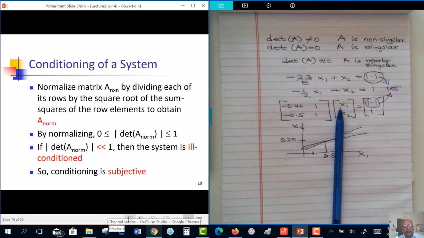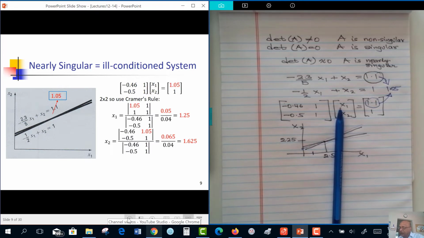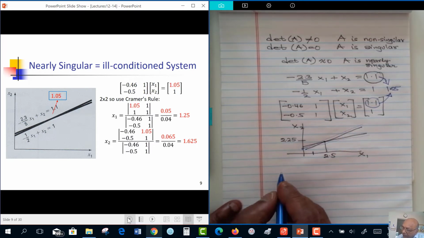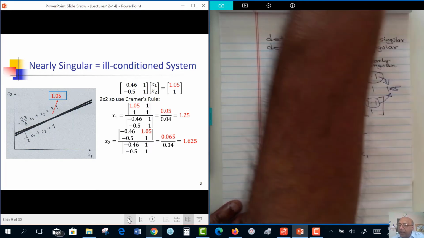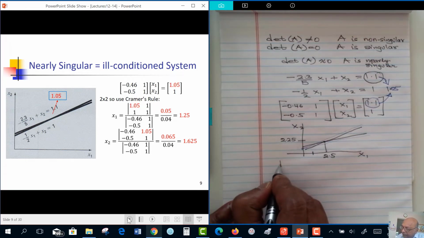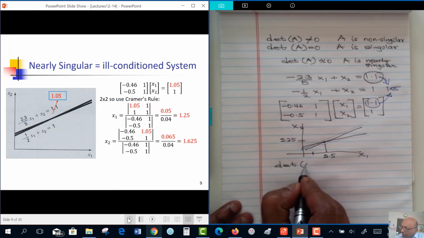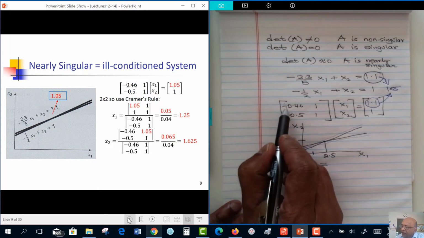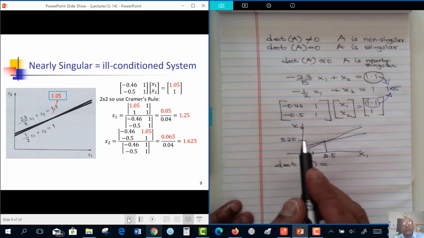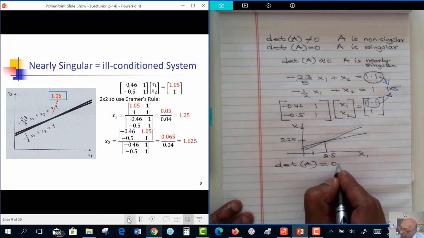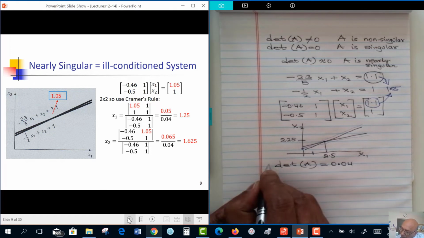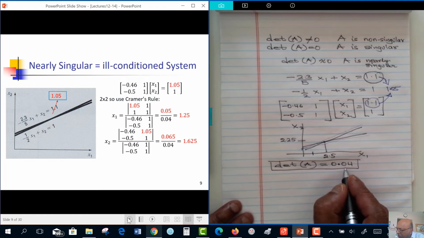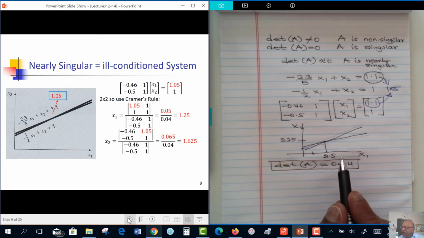So let's see what our determinant here is before we move on. So when we take the determinant of A, this times this minus this times this comes out to be 0.04. So it looks low. We had 8, remember, then we went to 0, it's 0.04.